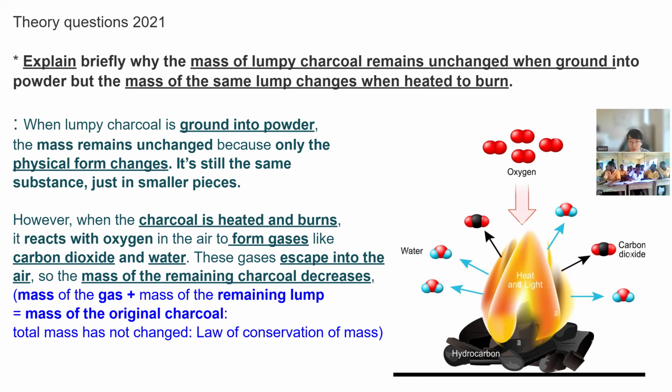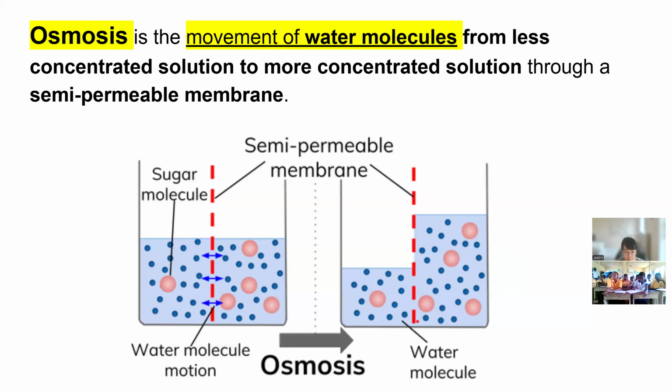You can see how the sugar molecules do not pass through the semi-permeable membrane. The semi-permeable membrane only allows water molecules to pass through, not anything else. So sugar molecules do not go across. If you leave it after a while, you will see that the right side will have increased volume because water has moved from left to right.